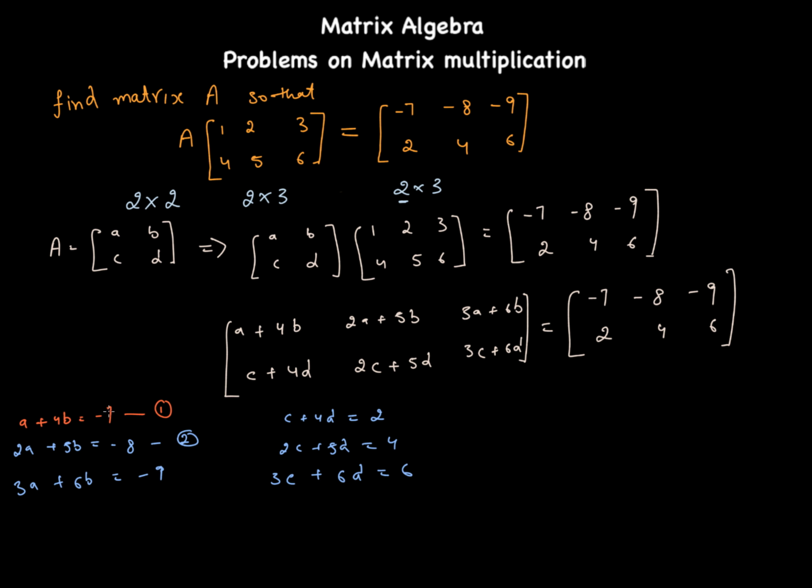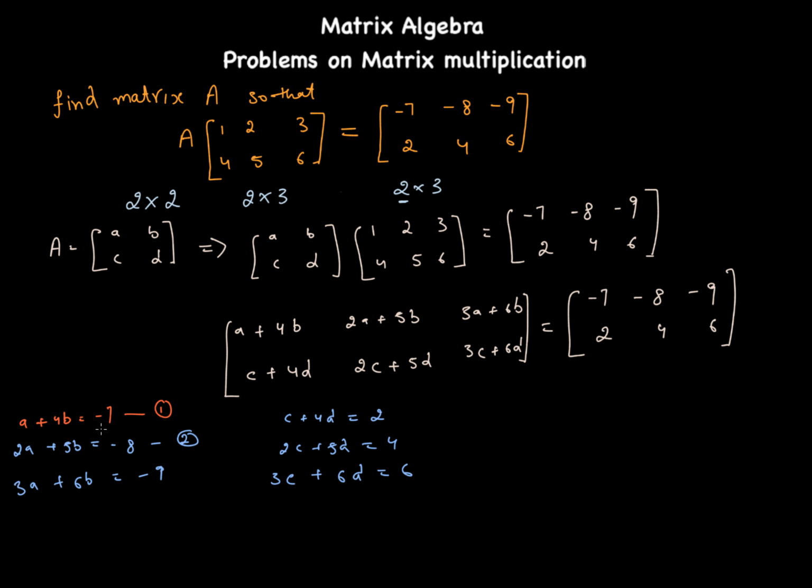If we solve these linear equations 1 and 2, we multiply this by 2, eliminate one term, and find the other. I did the math already. I'm going to make another video on how to solve linear equations, but you can do it by yourself. It's very easy. You multiply equation 1 by 2, which gives me 2a plus 8b equals -14, and we subtract them. a will cancel out, we'll find b, and we plug b into either equation to find a.